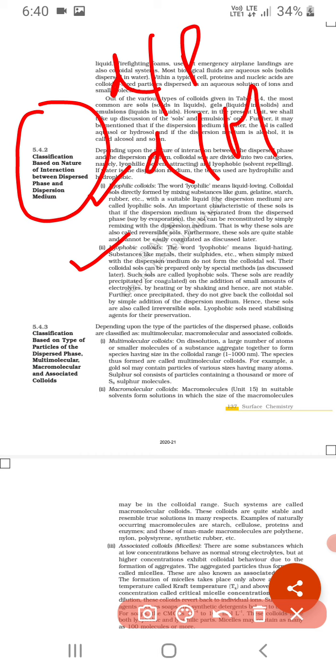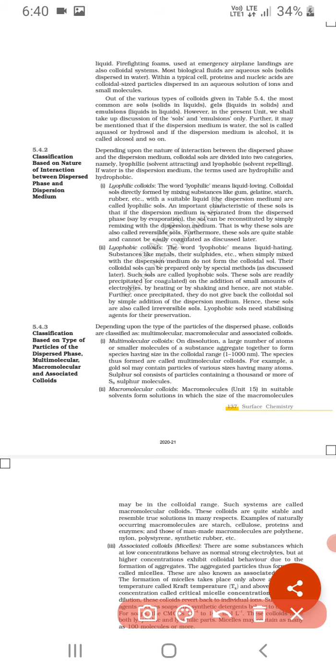But when extra force is required to dissolve the dispersed phase into the dispersion medium, those colloids are called lyophobic colloids, not lyophilic colloids, and they are irreversible. Once they are formed, they cannot be reverted back. We cannot get back the dispersed phase and dispersion medium separately, right?